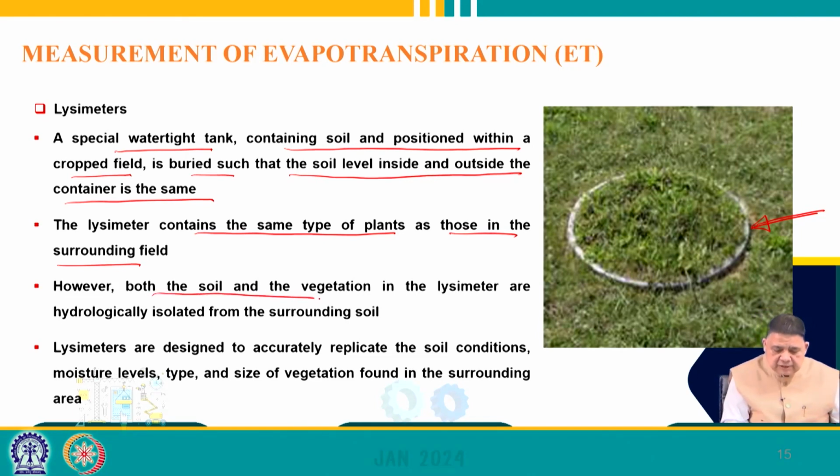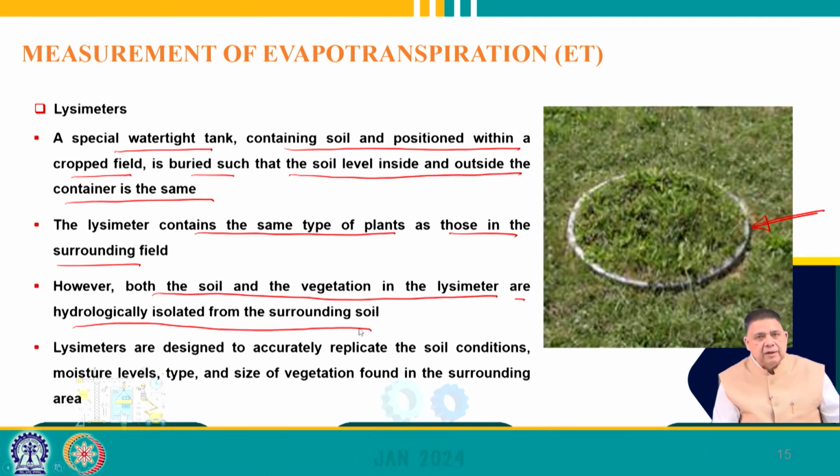However, both the soil and vegetation in the lysimeter are hydrologically isolated from the surrounding soil. Of course, as it is a metallic container, there is no exchange between the field and the soil or crop being grown inside the container.